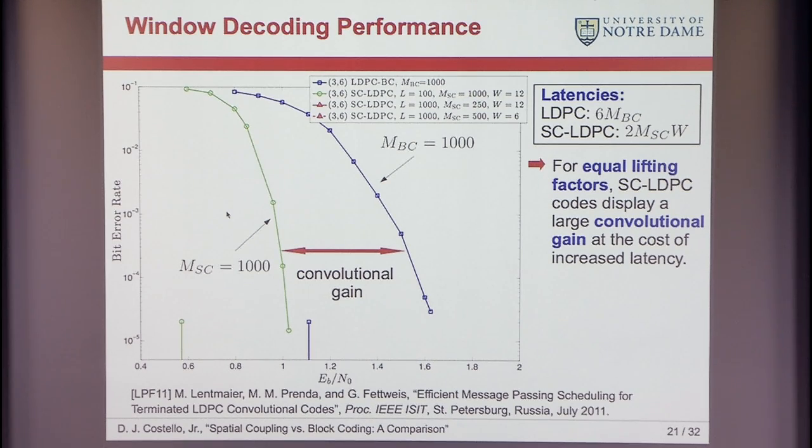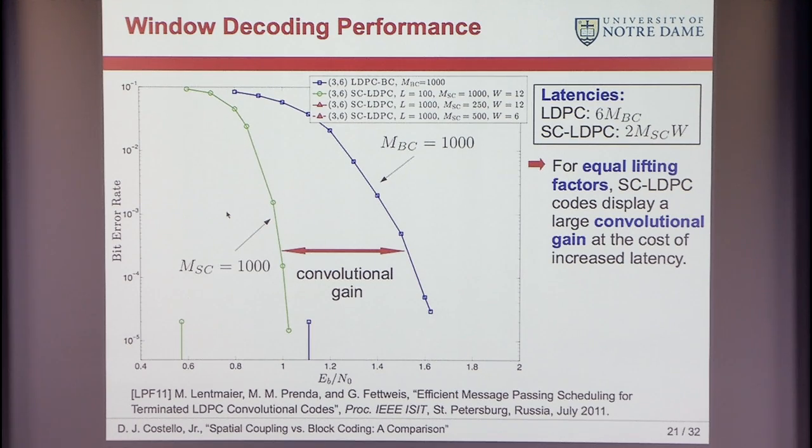I always have to bite my tongue over whether I'm going to say convolutional or spatially coupled. With different lifting factors and different window sizes. With the same lifting factor, we get quite a gain with the spatially coupled code. It's not really fair, because if you compare the latencies, because of the window size, the spatially coupled code is going to have a larger latency.